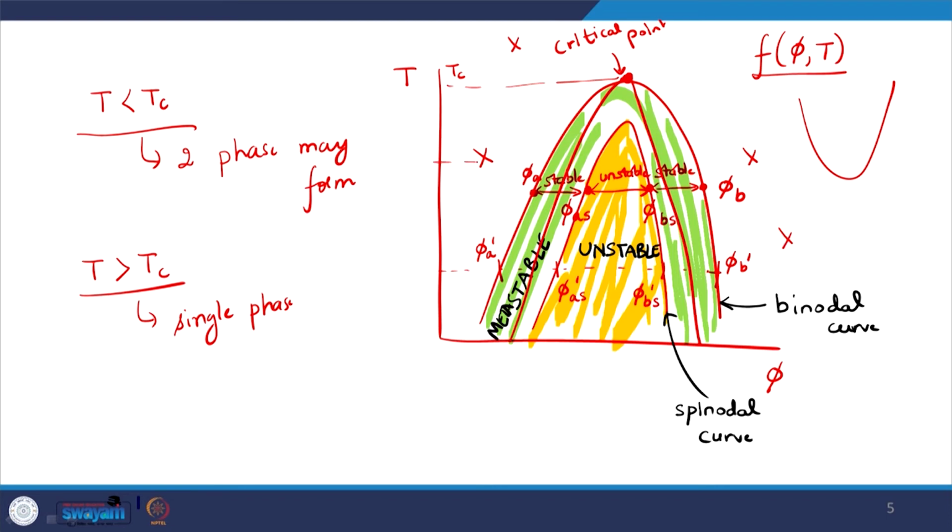So, for all these temperature values and volume fraction values, we are going to have a single phase. Beyond the critical point, we are going to have a single phase regime, and below the critical point, we may have a two phase regime. Just to think of an example of that, let us say I look at water below the critical point.